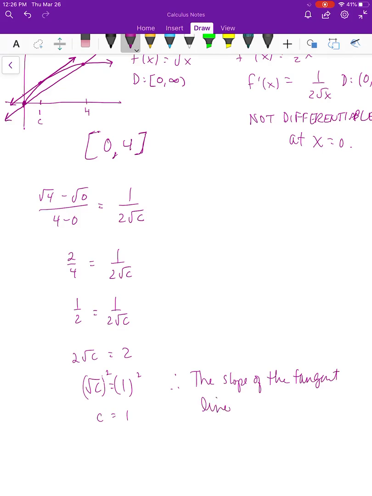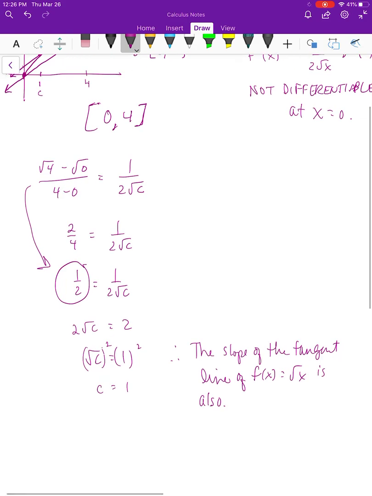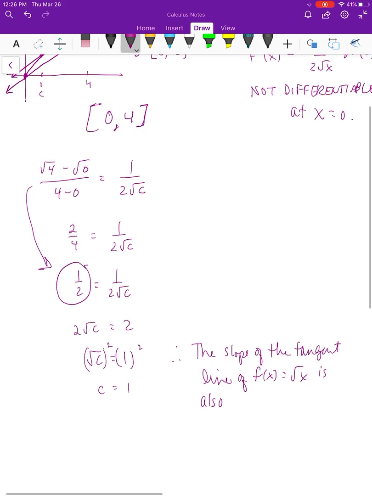the slope of the tangent line of f of x equals the square root of x is 1/2, because that's what our f of b minus f of a over b minus a is.